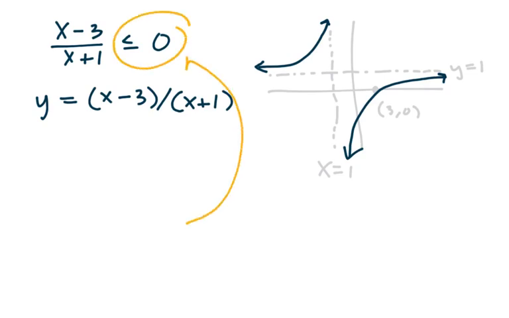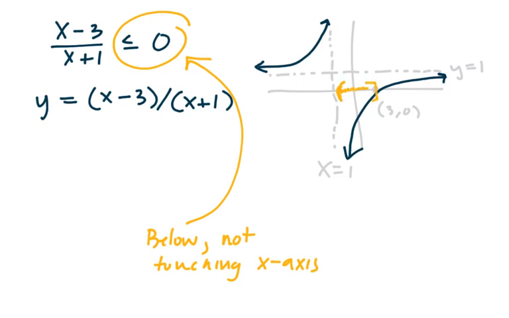And so, again, we were trying to solve where this is less than or equal to 0. And less than or equal to 0 means below and not touching the x-axis. So where's the graph below and not touching the x-axis?